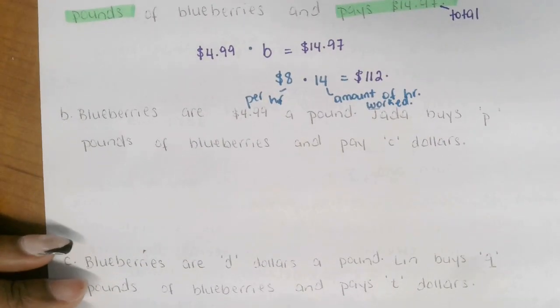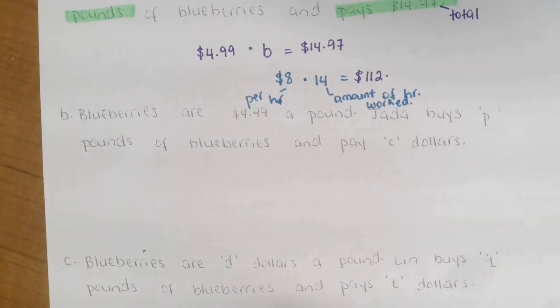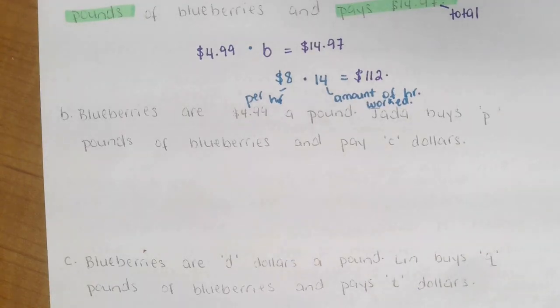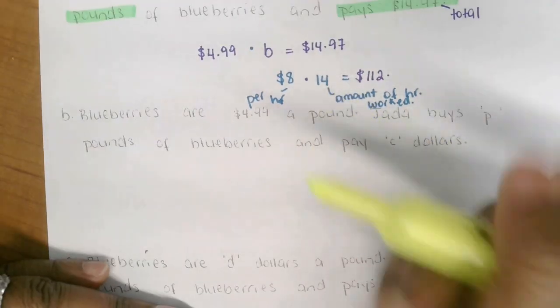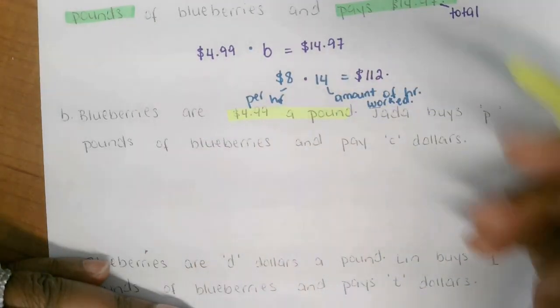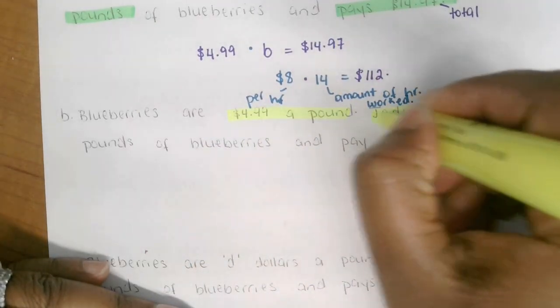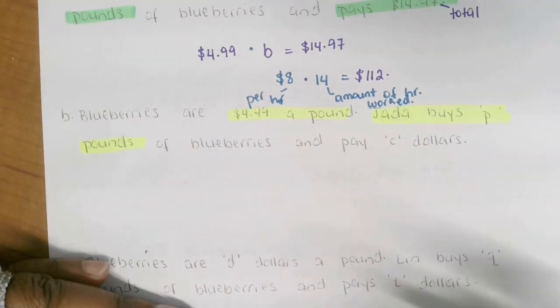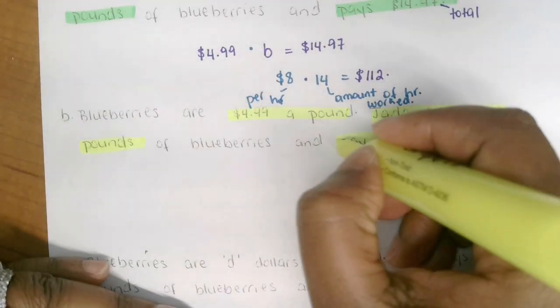For B, it says blueberries are $4.99 a pound. Jada buys P pounds of blueberries and pays C dollars. Same exact idea. Highlight your key points. We know this is how much 1 pound is in dollars. She bought P pounds, we don't know how many pounds, and she paid C dollars.